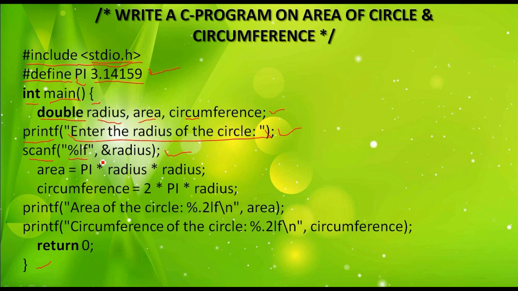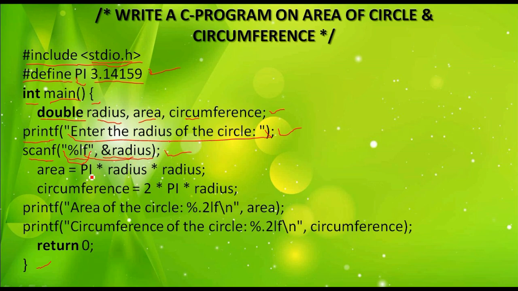After this control string, the double quote represents the control string, and after this a comma, which separates the control string and the address list or variable list, ampersand radius. So the input value goes directly to the radius variable and is stored in radius, whatever we input, 4, 5, 6, or 4.5, something like that.